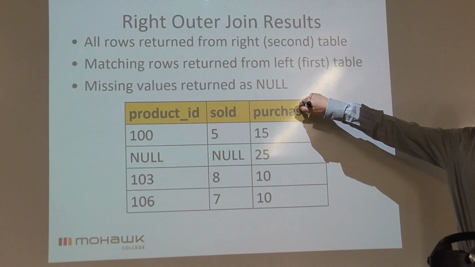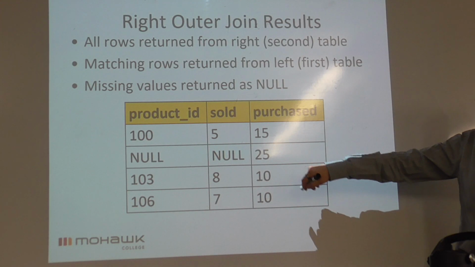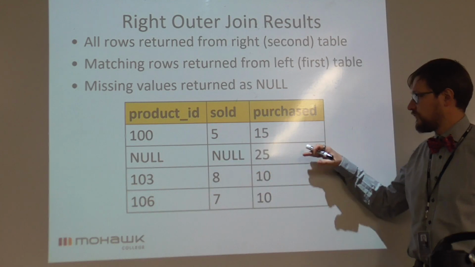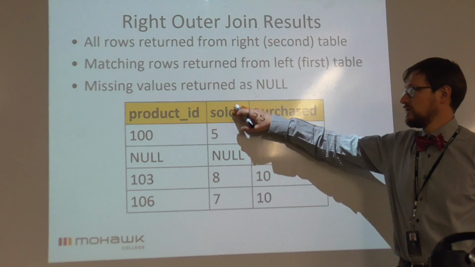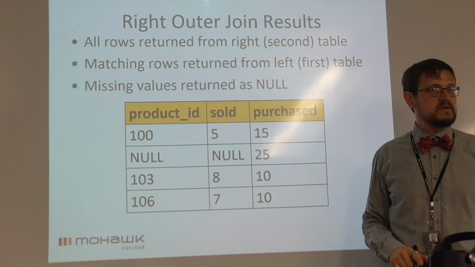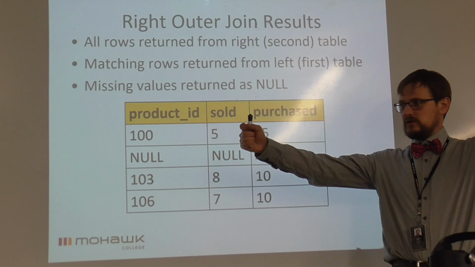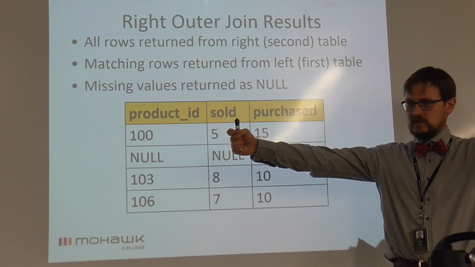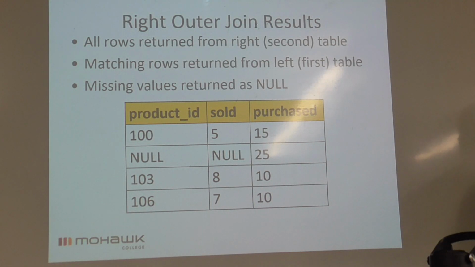Every record in the right table is represented, and for things that have no corresponding entry in the left table, you get none. Does that make sense? So it's the same thing, but you take the position of the A table and the B table and reverse them, and that's what you have. Does that make sense? Very good.